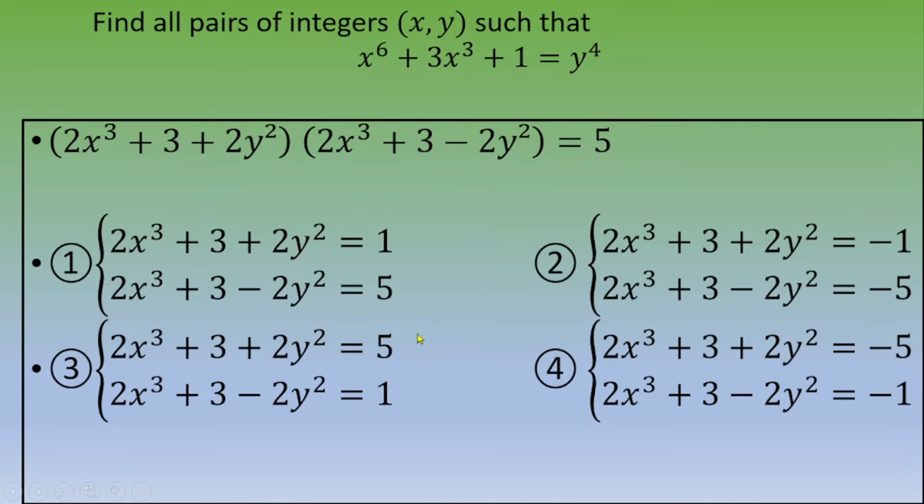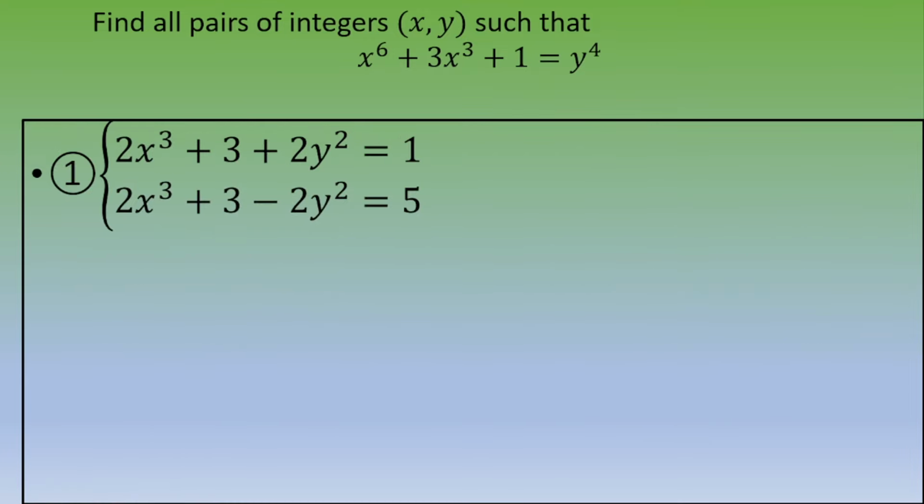Third case, the first term equals 5 and the second one equals 1. And the last case, the first term equals -5 and the second term equals -1. So now let's see these 4 cases one by one.